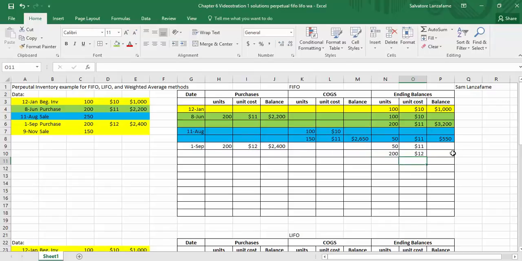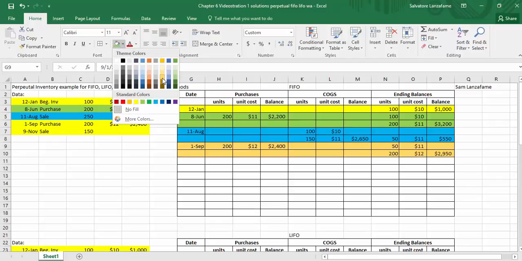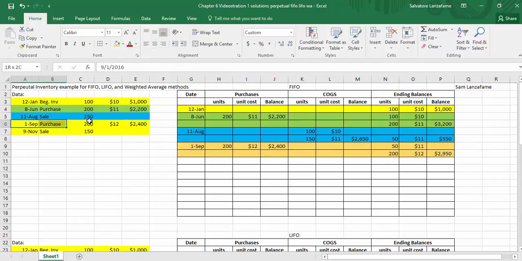So now my inventory total, 50 times 11 plus 200 times 12. And my new balance is $2,950. So let's give that a color. Just change it up. Go with that. So now I have an inventory 50 at 11, 200 at 12.